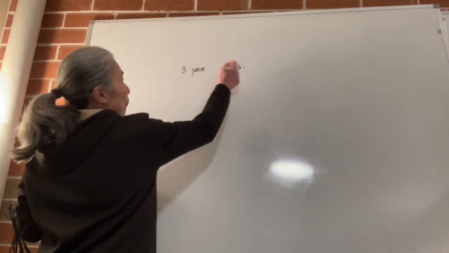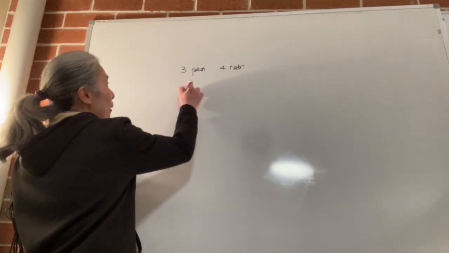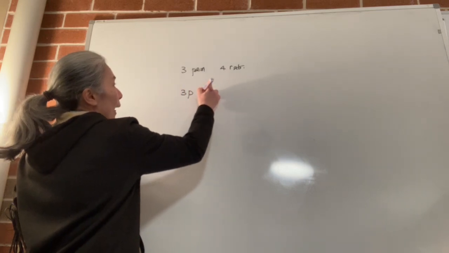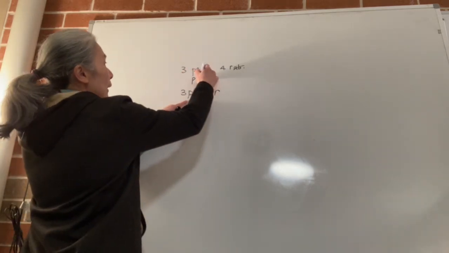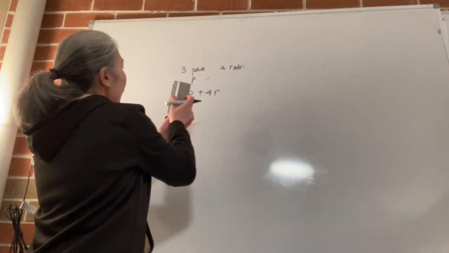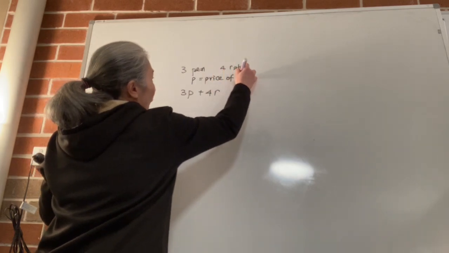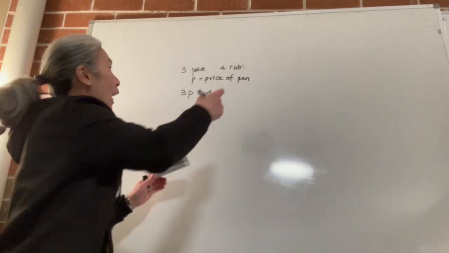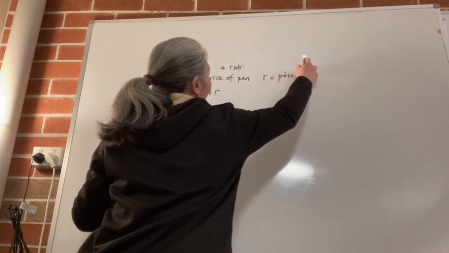So I'm going to call it P, and I'm going to call it R. I know the cost for 3 pens plus 4R. Let P be the price of pen, and let R be the price of rubber.